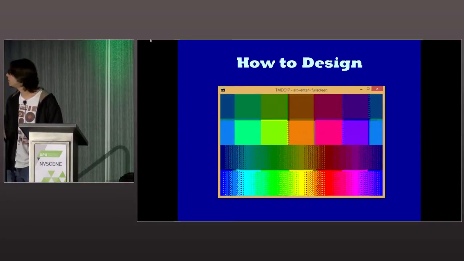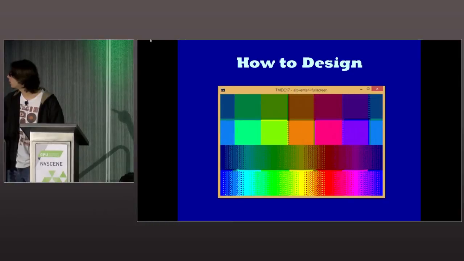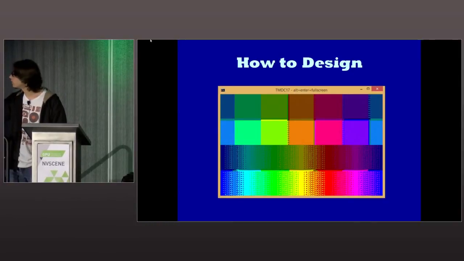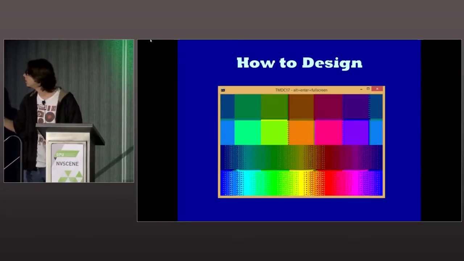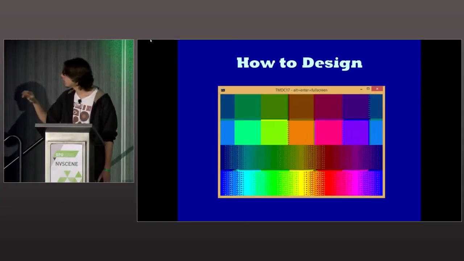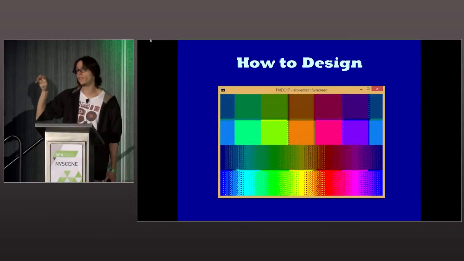Some will make good gradient. For example, the yellow and green, or the green and cyan, will make very smooth gradient. You won't see too much that it's two colors mixing together. But on the other side, you can see the yellow and the red, which makes it very, very noisy.